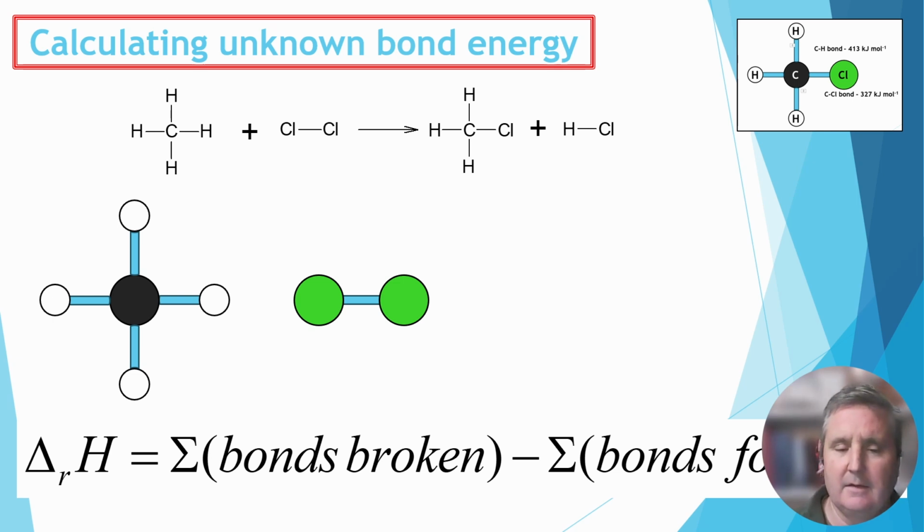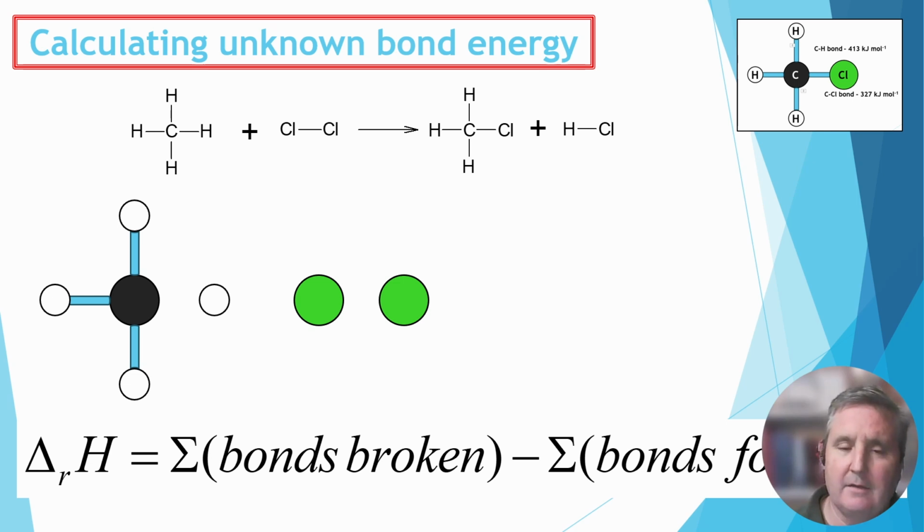Now, what's actually happening here is we're going to break this bond here between the carbon and the hydrogen, but notice that that's the only bond we need to break on this methane molecule, because we are going to keep these other carbon to hydrogen bonds intact.